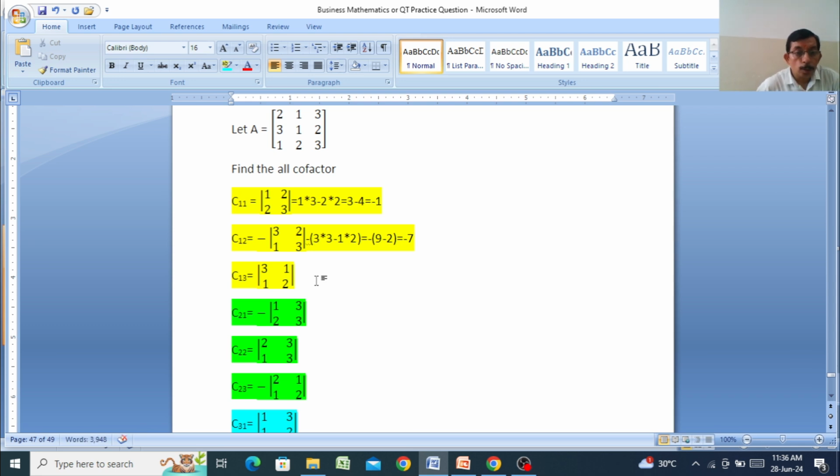Now the first row last element: the difference of the cross multiplication of the elements, 3 times 2 is 6 minus 1 times 1 is 1, equal to 5.